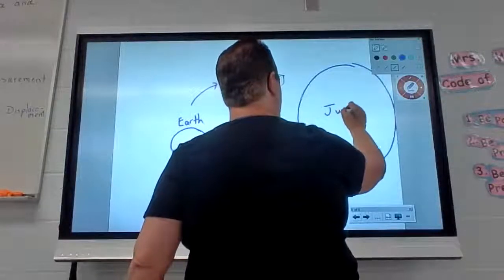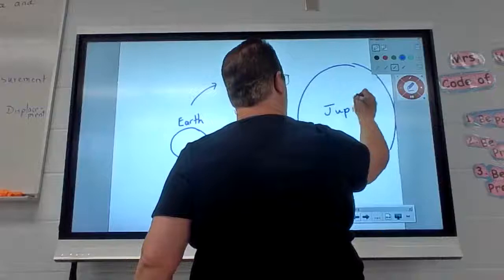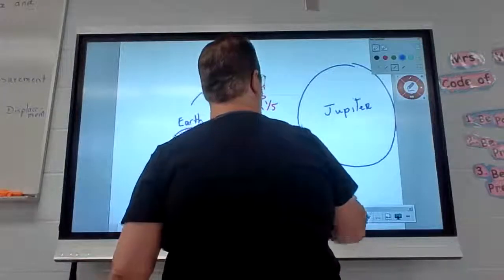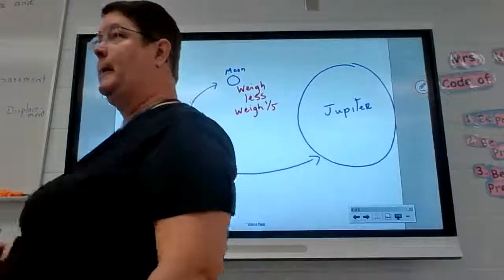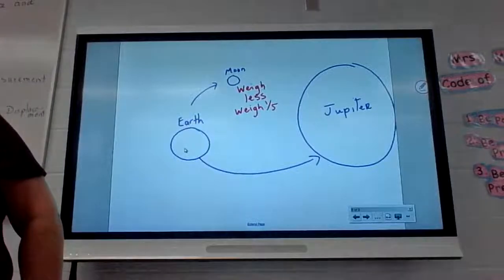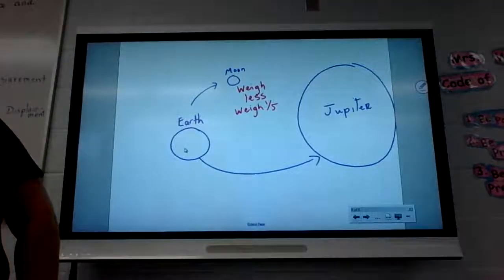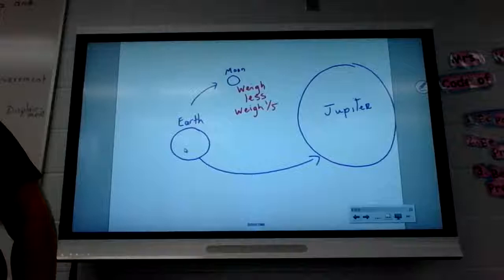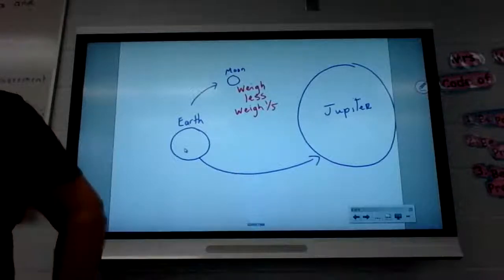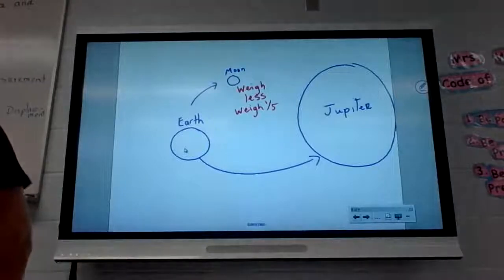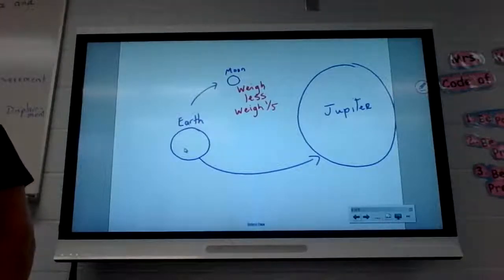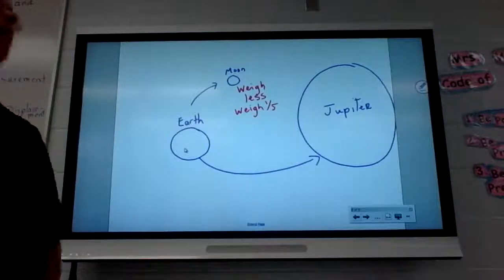All right, now, what happens if we go to Jupiter? What happens if we go to Jupiter? Anybody? Let's assume we can go to Jupiter. Okay, forget the Earth science y'all learned about the planet. We can't go there and all that stuff. Let's assume we can go. We weigh more.